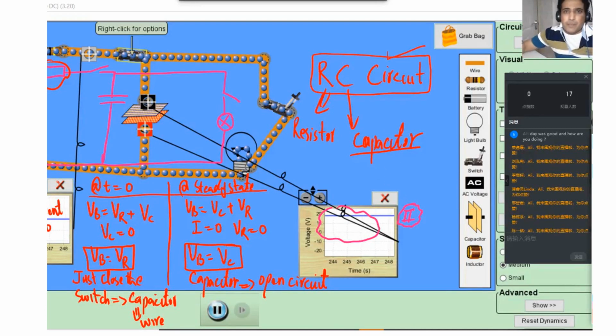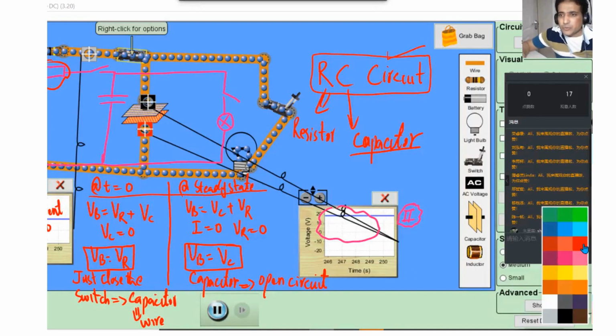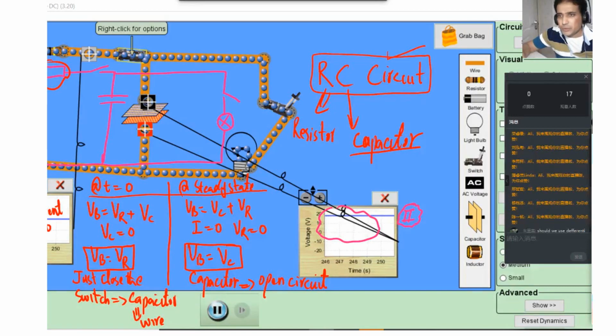Now, one more thing I want you to understand. Before I clean this up, notice one point carefully. Is this line horizontal or not? You will say, oh, it is horizontal.